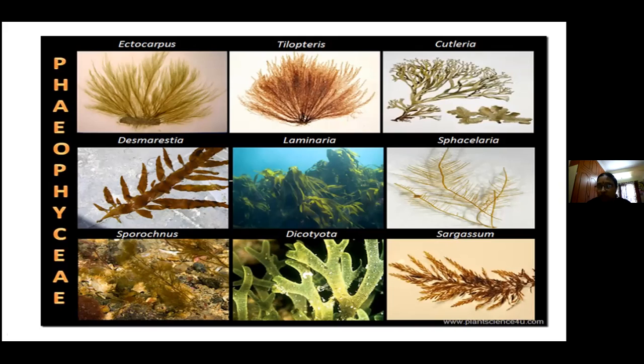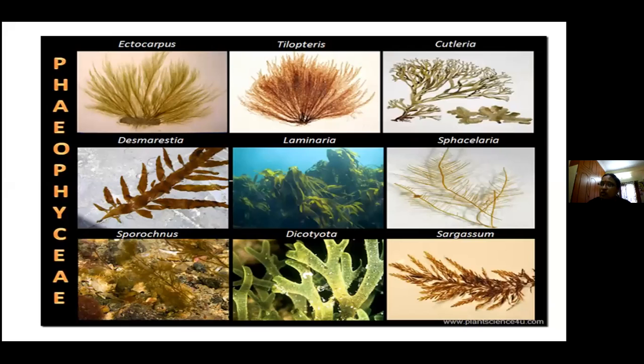But what is the habitat of these Phaeophyceae? I told you, almost all are marine water, found in Arctic and Antarctic regions also, mainly in the littoral and sublittoral regions of the oceans. You can observe these species in the North Atlantic and North Pacific Ocean.